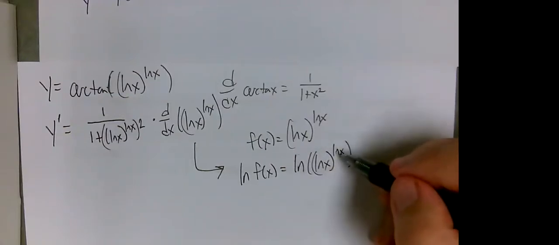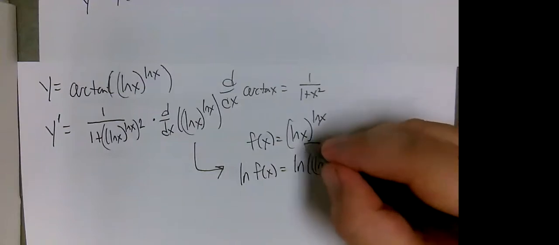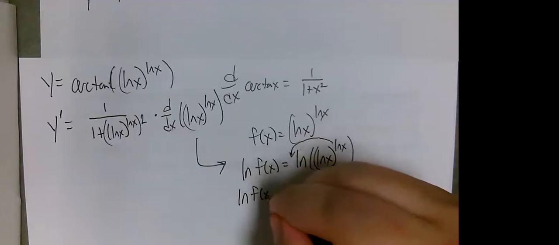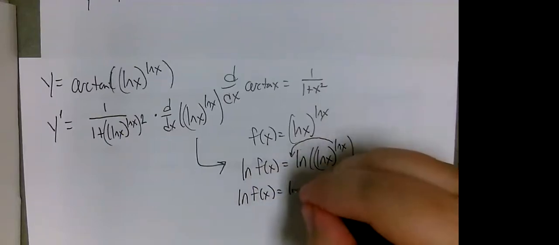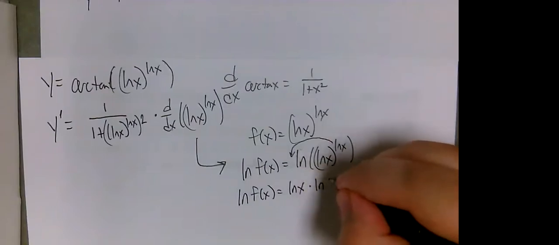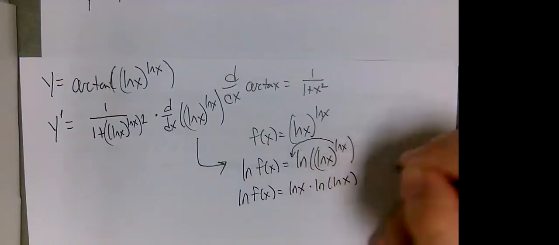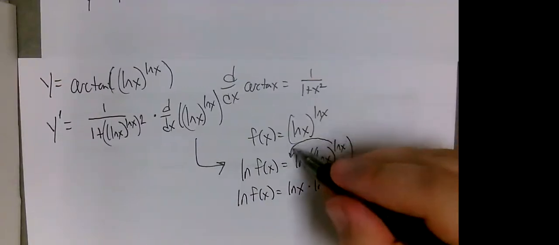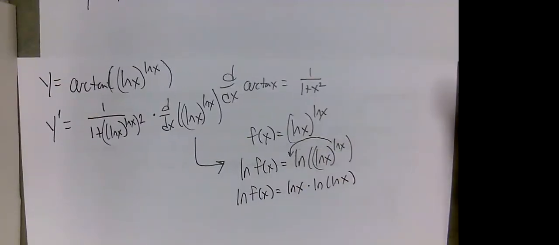That means we can use log rules with this, and we can pull it out to the front. So this ln of x comes out here, and it's multiplied by ln of x, because this ln no longer has its log as a power. It came out to the front.